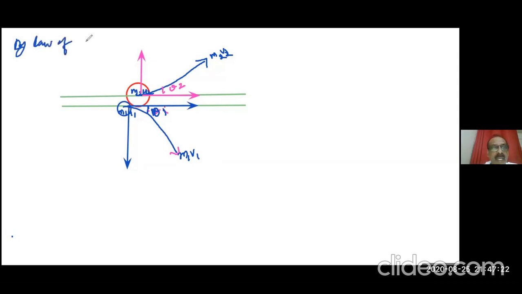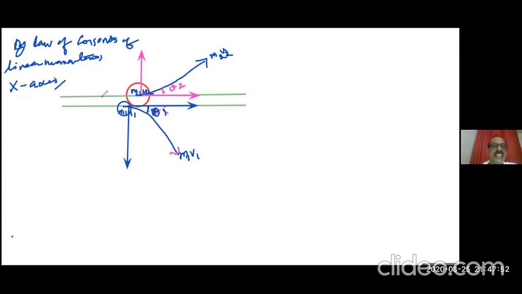By law of conservation of linear momentum. There are two axes now for linear momentum, x-axis and y-axis separately. Along x-axis, by law of conservation of linear momentum.